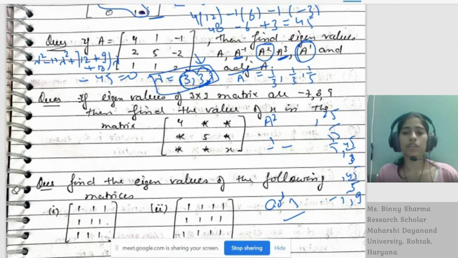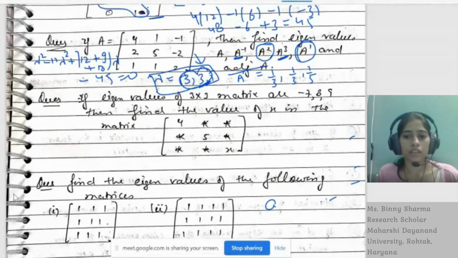Now the second question is, if the eigenvalues of a 3 cross 3 matrix are 7, 8, and 9, then find the value of X in the matrix.